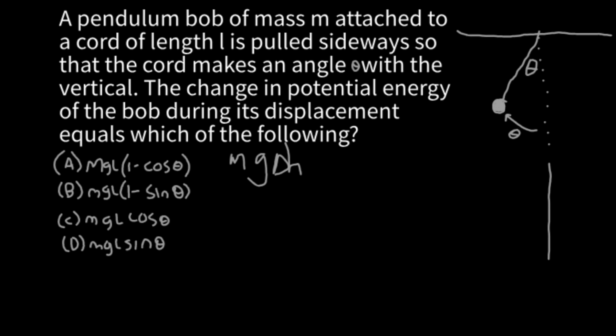And this is its new position at an angle theta. This will be a right triangle, and this will be L. And we want that distance, I'm just going to call that x, because that's its height. So the bob was here at 0, and now it's a distance x that's contributing to its potential energy.